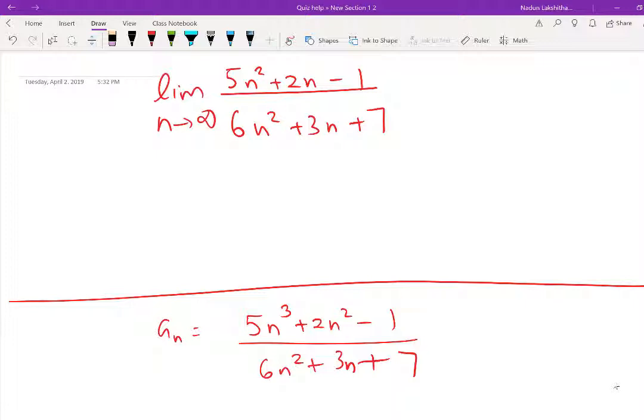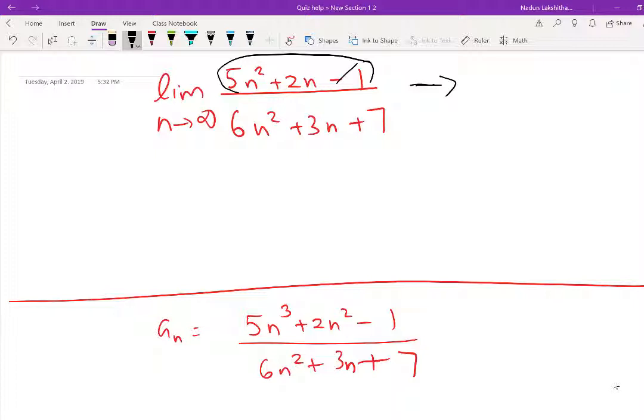Well, for the second approach, let's discuss the numerator and denominator again. When n is really huge, in the numerator, which term is going to matter? Think about n as a trillion. 5 times trillion squared is extremely huge. Plus 2 times trillion minus 1, that minus 1 doesn't matter, right? Think you have a trillion dollars, and if someone steals $1 from you, it doesn't matter.